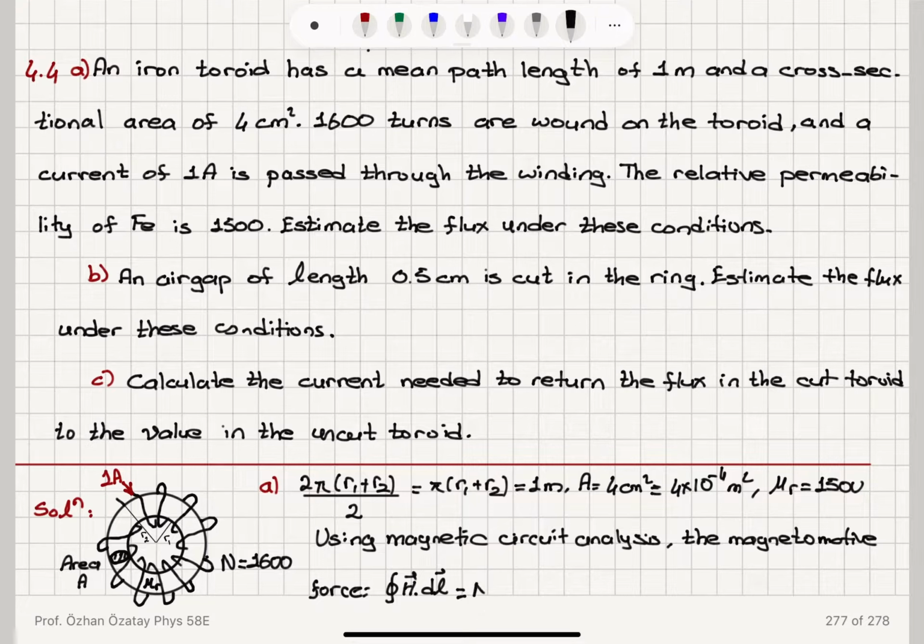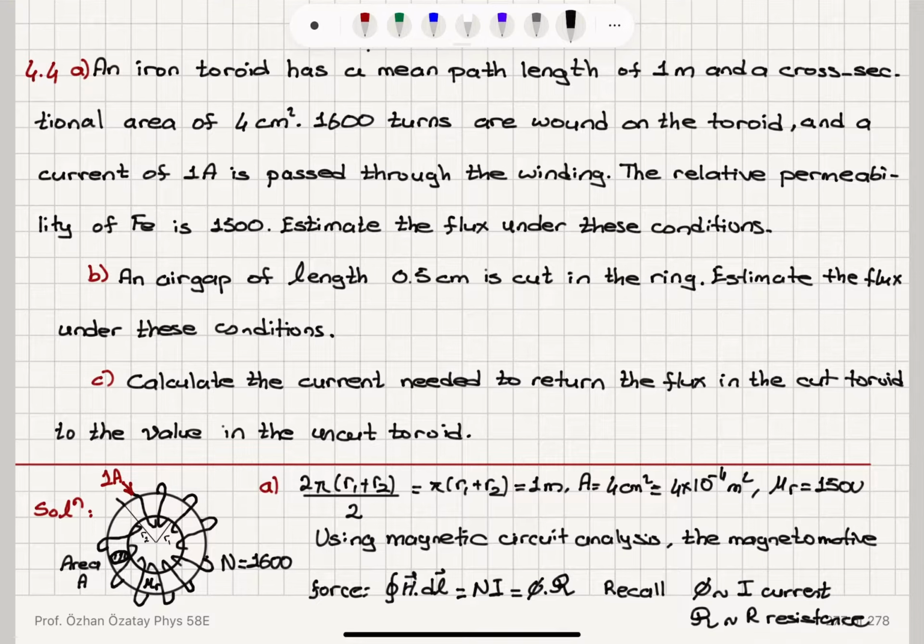This is equal to the number of turns N times the current I, which is the flux that flows through the circuit multiplied by reluctance R. If we recall our analysis of magnetic circuits, the flux phi in the magnetic circuit is analogous to I, the current in an electrical circuit, and the reluctance R is analogous to resistance R in an electrical circuit.